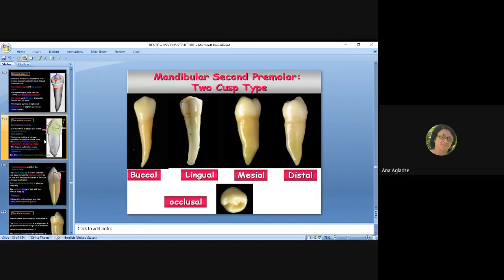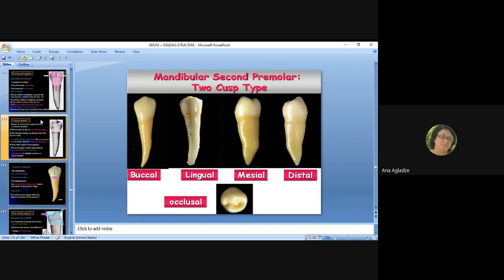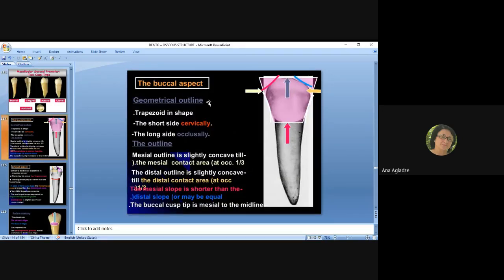This is the mandibular second premolar, and you can see its buccal aspect. It is trapezoid in shape.